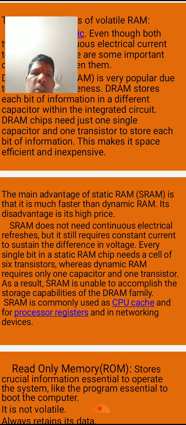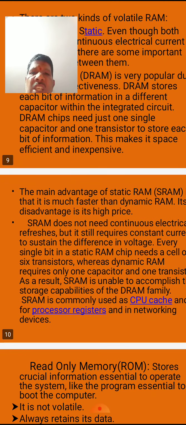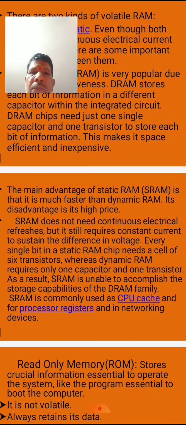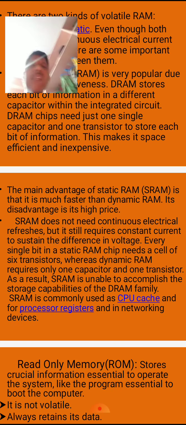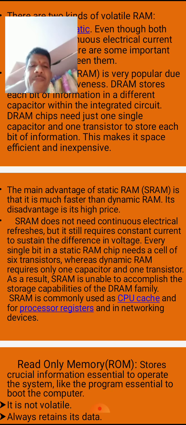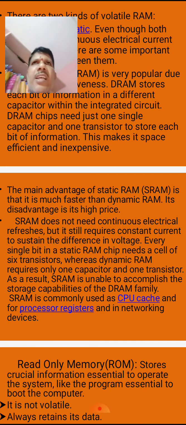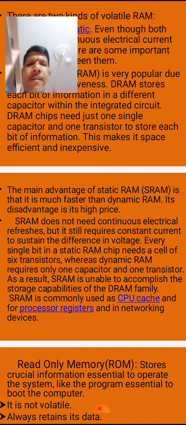SRAM is commonly known as CPU cache and is used for process registers and in network devices. Generally, SRAM, static RAM, is nothing but CPU cache. Here cache memory is nothing but the fastest memory.